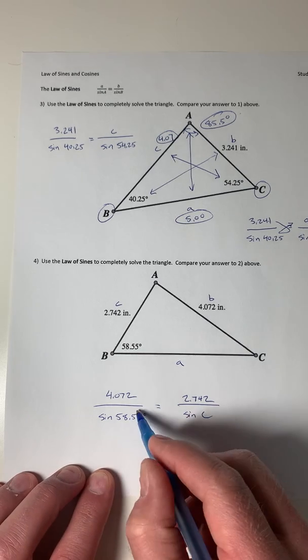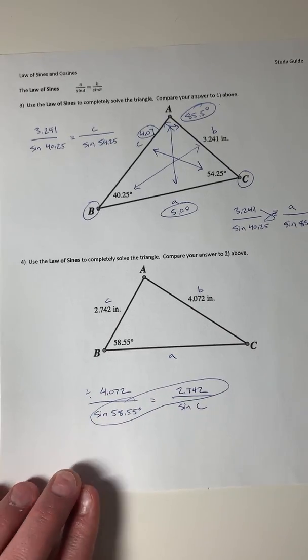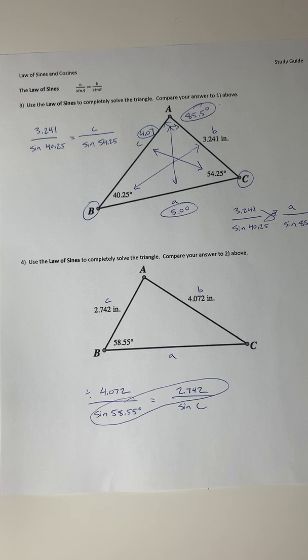And then I'll cross multiply and divide here. Cross multiply and divide. And that should give me a decimal number between 0 and 1.